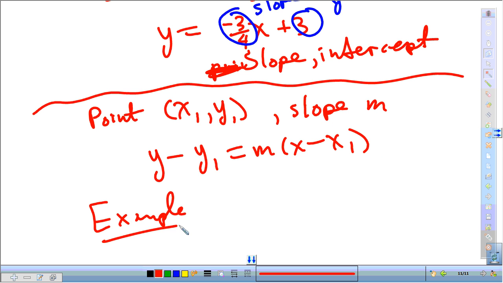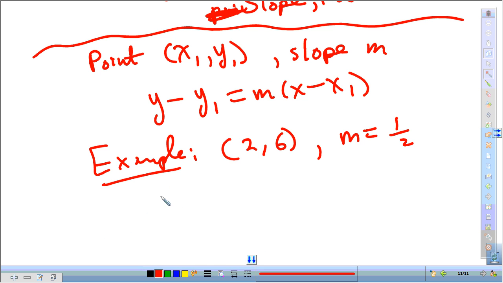For example, if you had a point on the line that was (2, 6) and a slope of 1/2, you get the equation y minus 6 equals 1/2 times (x minus 2).